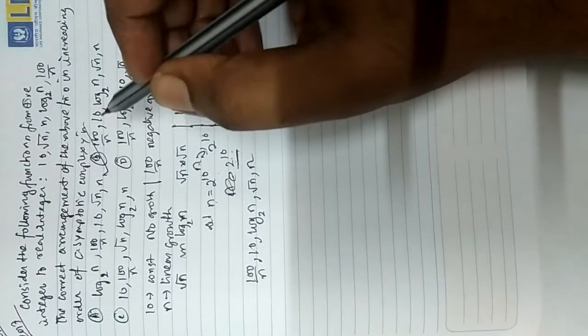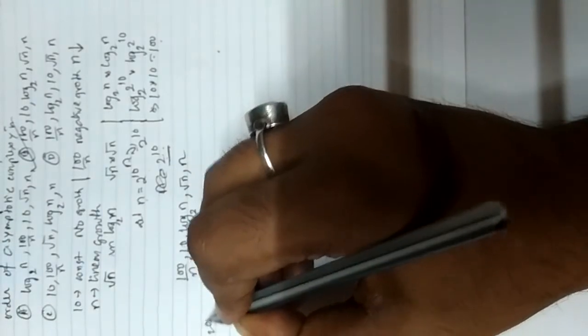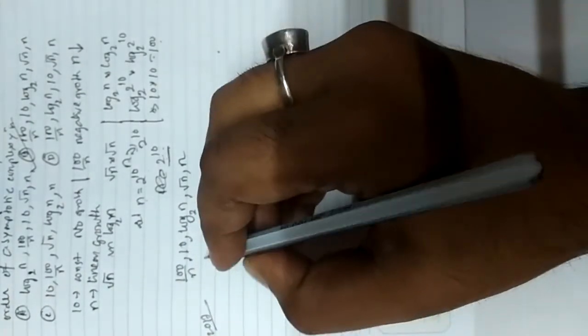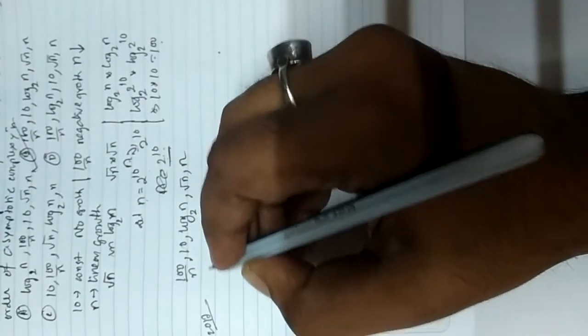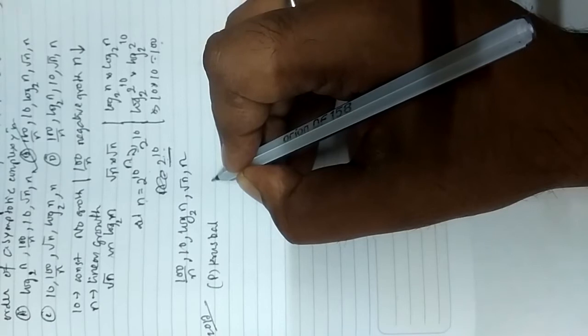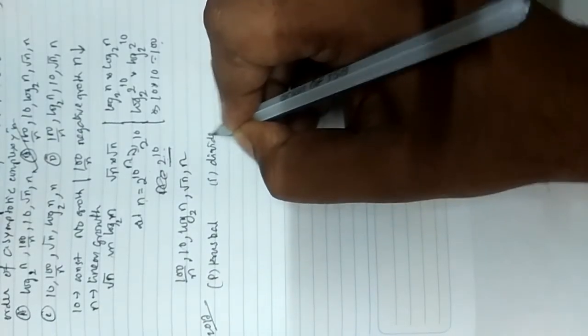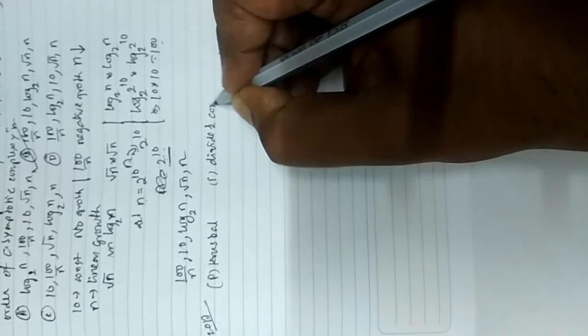Now another question we will try to solve. A table is given. It also came in GATE 2017. P is Kruskal, and corresponding to it is divide and conquer.